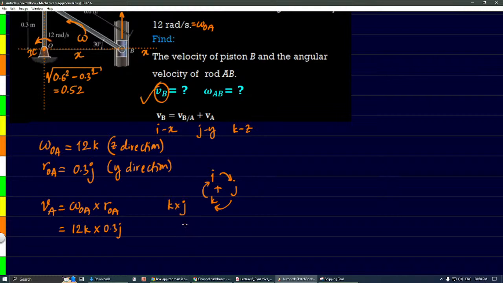So K to J, is it clockwise? No, it's anti-clockwise, so it is minus. So the answer is minus 12 into 0.3, which is 3.6, and k cross j is minus I. So that minus we are getting here.